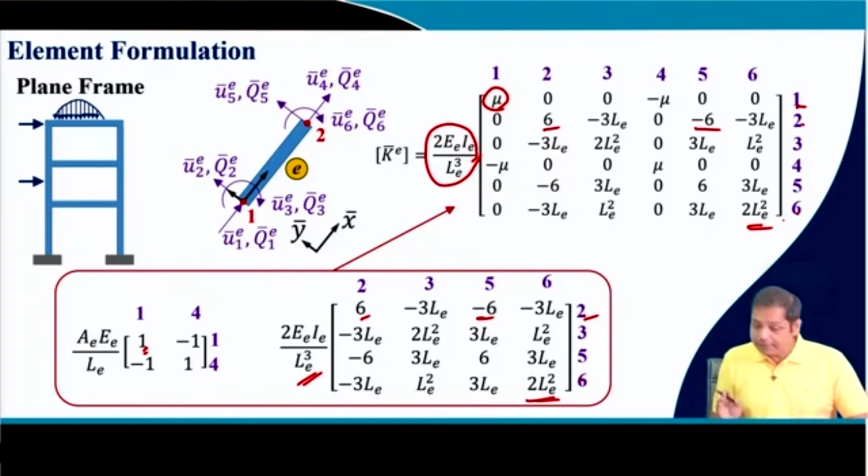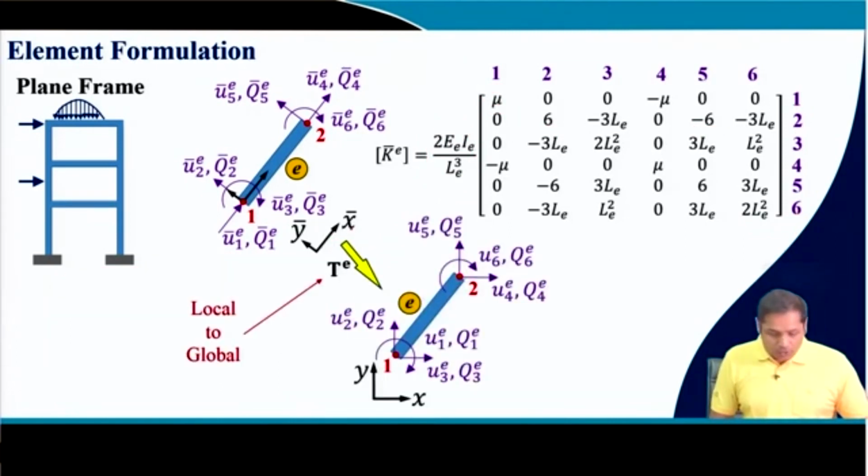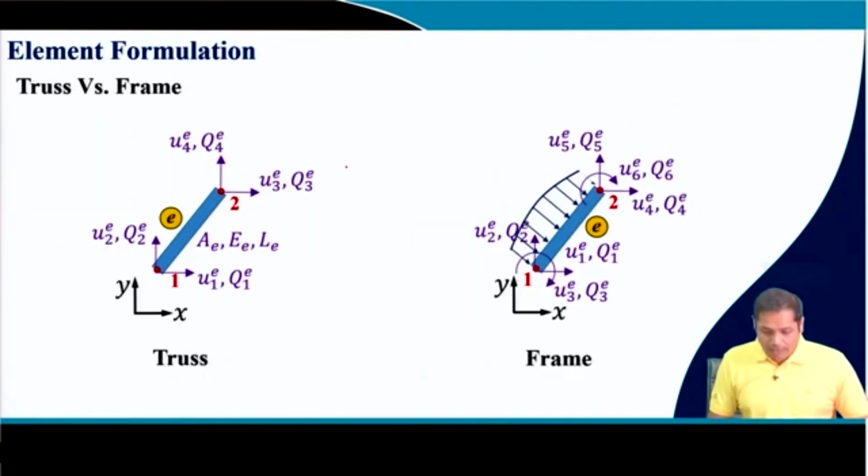But please note, this stiffness matrix is written in terms of the local coordinate system. Now this is the same frame element, but the degrees of freedom and the forces are represented with respect to the global coordinate system, and we have to do this transformation from the local or element coordinate system to the global coordinate system.